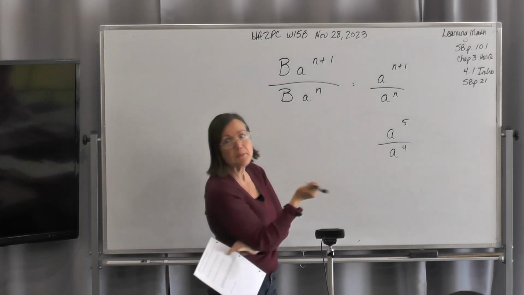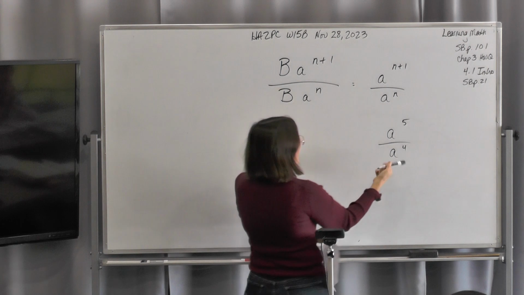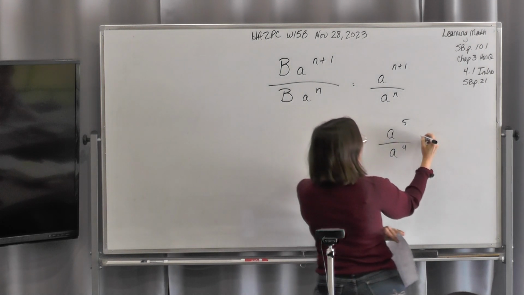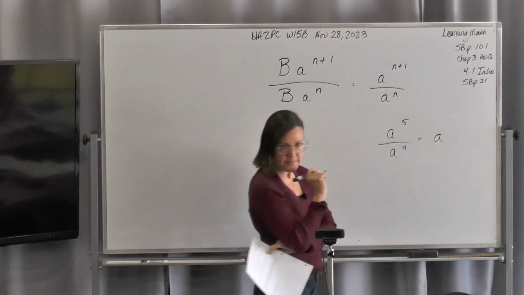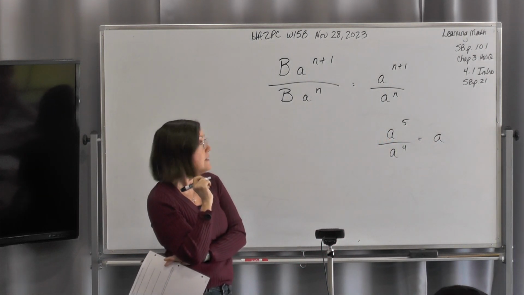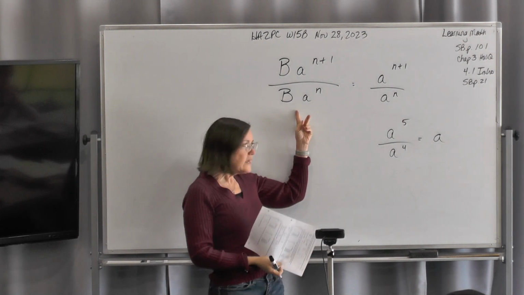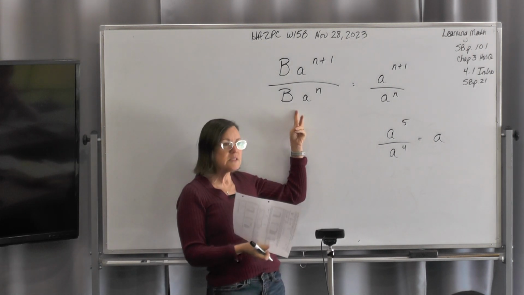You put a number in it, and it makes it really clear. Any time that this is just one more than this, it is going to cancel all but one of them. So this is actually going to turn out to be a way to recognize if we have an exponential function.